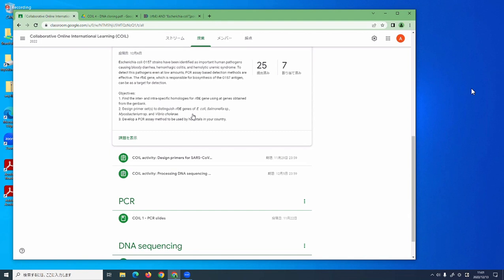And also, if you think out of the box, you can use different methods, not just this particular gene. You can use this gene to detect whether it is related to the O antigen, and you can use another set of primers based on maybe 16S ribosomal RNA, which is commonly used to detect different types of bacteria.